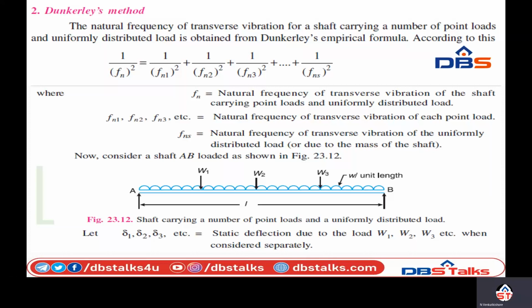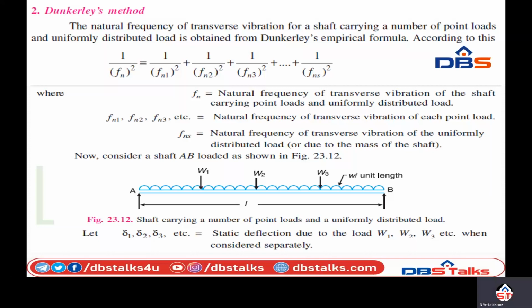So if we apply UDL with different masses or weights, accordingly the deflections also will be there, the static deflections due to the loads W1, W2, W3 and so on. By taking into account that delta S is the static deflection due to UDL, or due to the mass of the shaft, we know for the mass, the natural frequency of transverse vibration is 0.4985 by square root of delta 1, 2, 3.